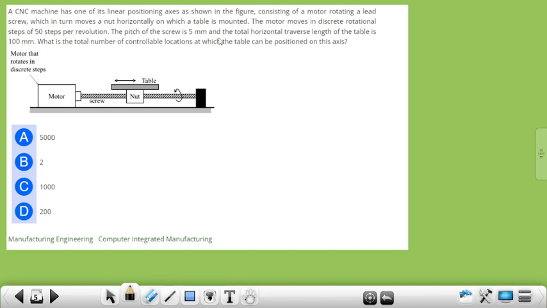So the given data is 50 steps per revolution. That means the number of revolutions is equal to 1 by 50 revolution per step. And the pitch is 5 mm. Just a minute.